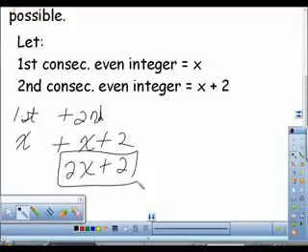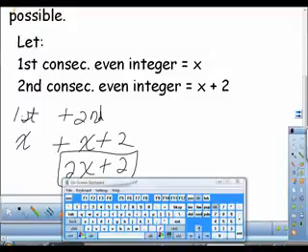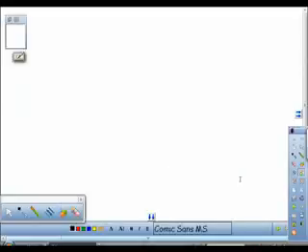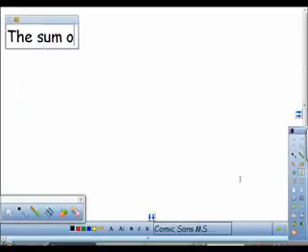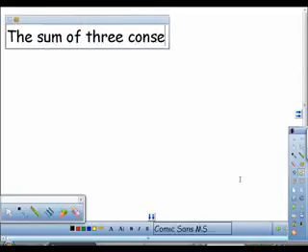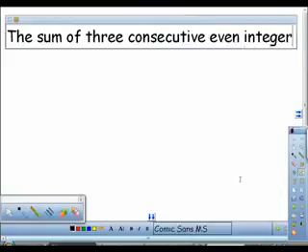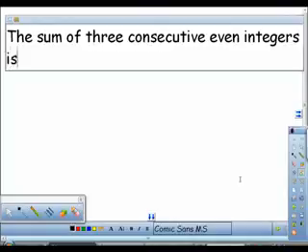With me there? Now we're going to take this concept of these integers another step. Let's look at the following problem. This particular problem says that the sum of 3 consecutive even integers is 144. We are going to find the integers.